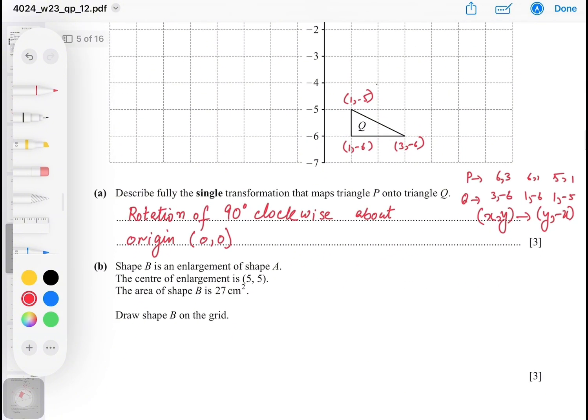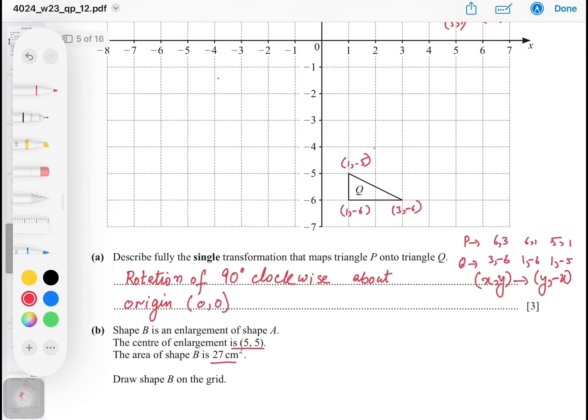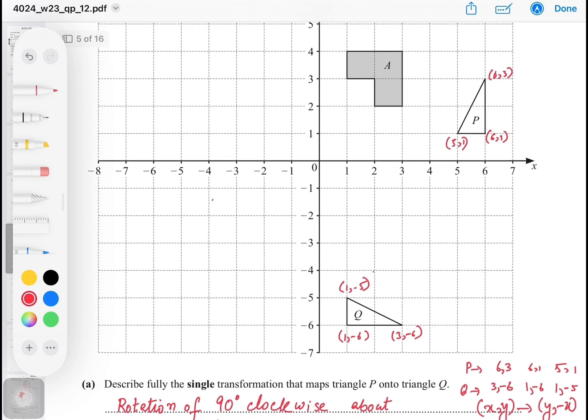Part B. Shape B is an enlargement of shape A. The center of enlargement is pi 5, so we are given the center. The area of the shape B is 27 centimeter square. Draw shape B on the grid. So first of all, we will find out the scale factor. So area of shape B is 27 and area of shape A is 3.